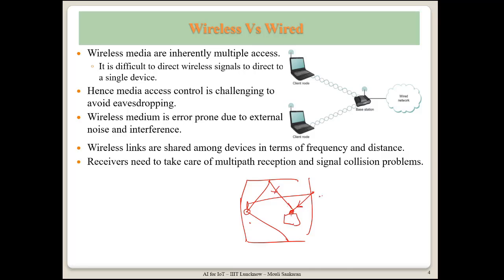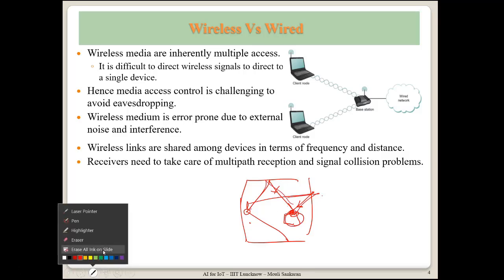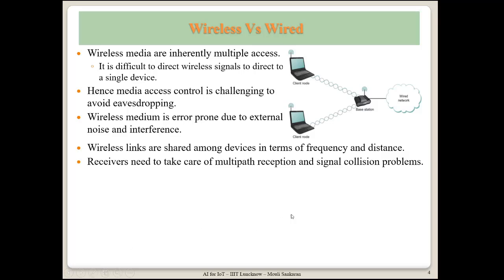So it is called multipath. The same signal is received via different paths, and the receiver should be intelligent enough to process it and make sure that it doesn't get confused. So there is multiple path reception and signal collision. Signal collision happens because all the devices are communicating in the same frequency range, so they may collide at the receiving end.